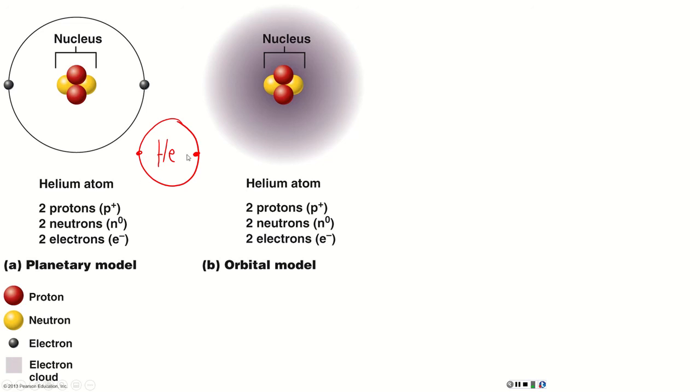I'll show you why I draw it that way in a moment, but basically it's to keep things neat because it will get really, really messy if you start trying to draw some bigger atoms. So I draw a variation of the planetary model.